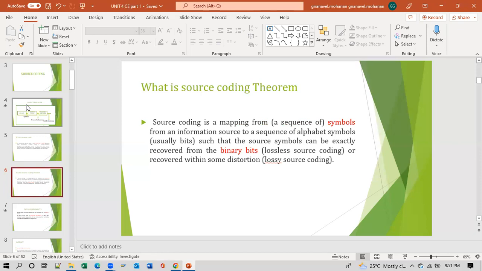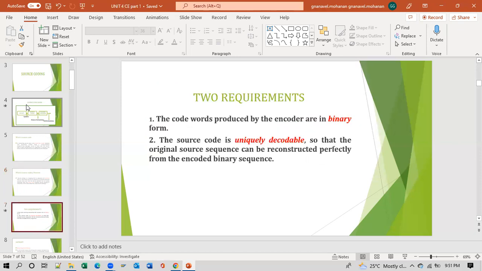This is called lossy source coding. It has two requirements. The first is that the code words produced by the encoder are in binary form, and the source code is uniquely decodable, so that the original source sequence can be reconstructed perfectly from the encoded binary sequence.